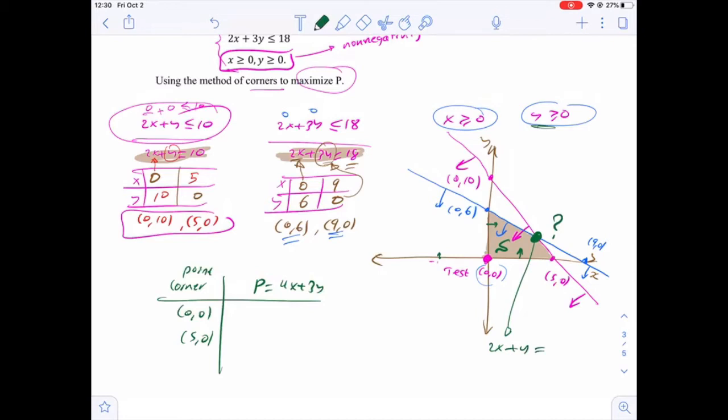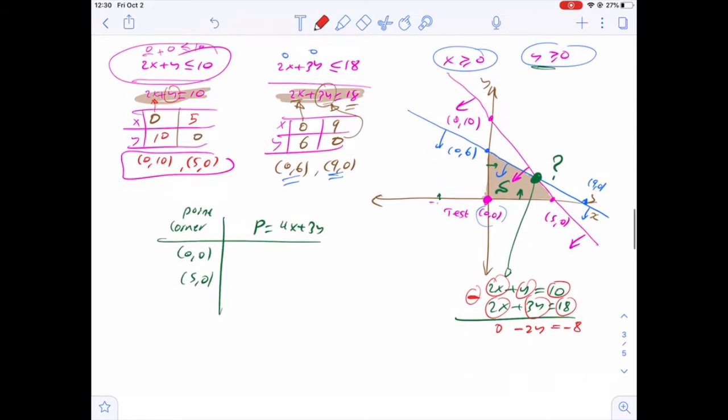2x plus y is equal to 10 and 2x plus 3y equals 18. So let's subtract them. When we subtract, 2x minus 2x is 0, y minus 3y is negative 2y, equals 10 minus 18, which is negative 8. Then we divide both sides by negative 2. That gives y equals 4.